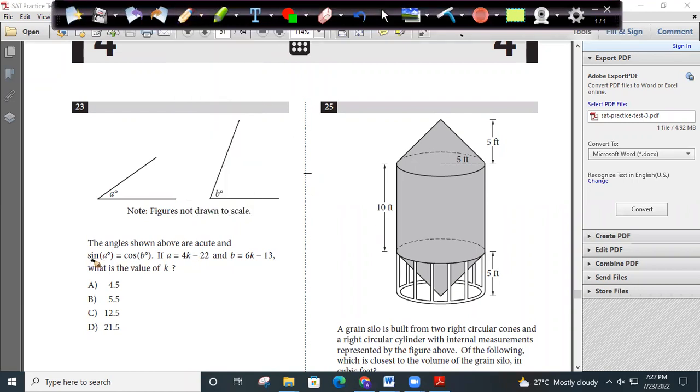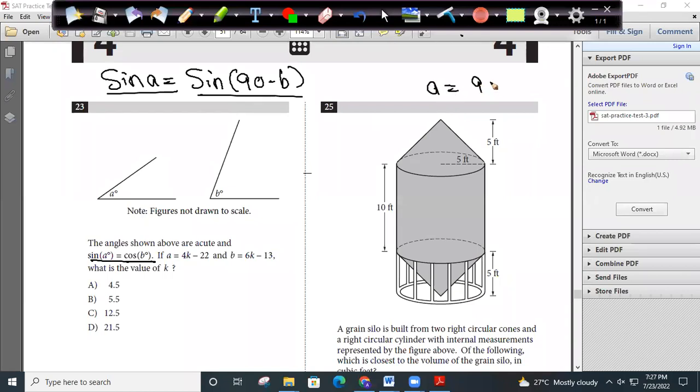So they gave sin A is equal to cos B. But we know cos B can be written as sin 90 minus B. So sin A is equal to sin 90 minus B. Therefore, A is equal to 90 minus B, or A plus B is equal to 90.